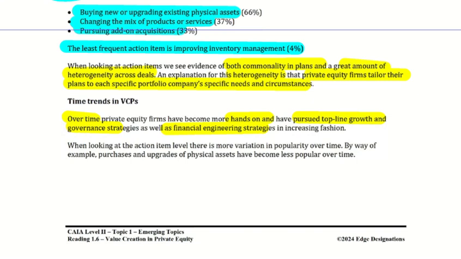Okay, when we look at action item levels, there's more variation over time, and in fact, purchases and upgrades of physical assets over time are becoming less popular. Again, guys, just to see what this article is doing, number 1, they look at the overall strategies, top line growth, governance strategies, and number 2, then they look at it from the point of view of specific action items that are looked at.